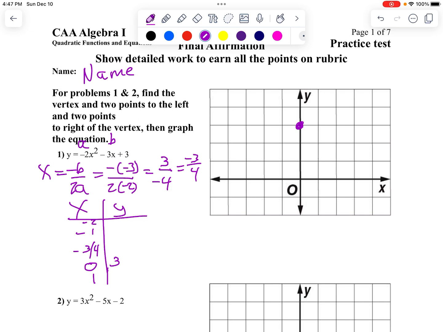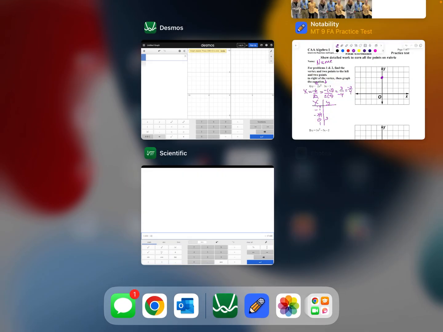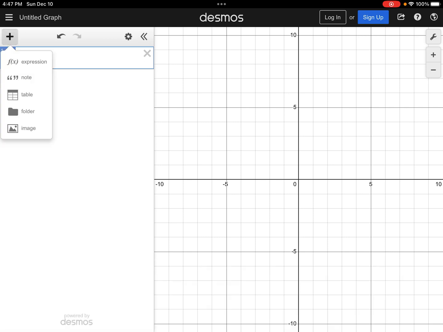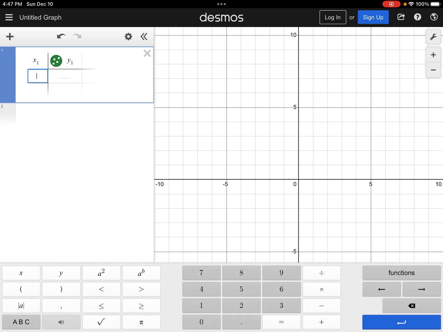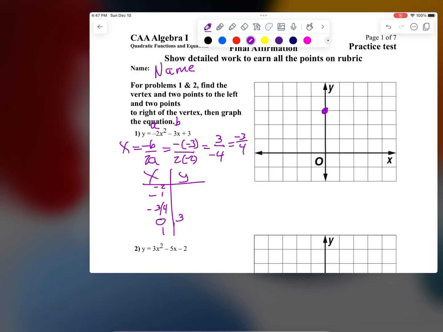I'll use the table function in my graphing calculator to fill in my table. So let's make a table. And when you make your table, instead of typing in y1, we're going to type in our equation, which is negative 2x squared.